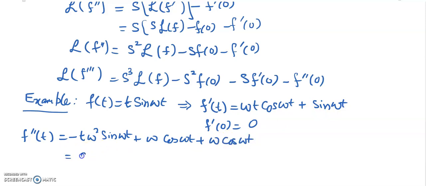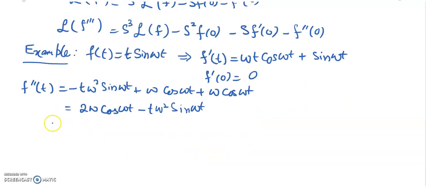So in this way it will be 2 omega cosine omega t minus t omega square sine omega t. Now let's take the Laplace of both sides.